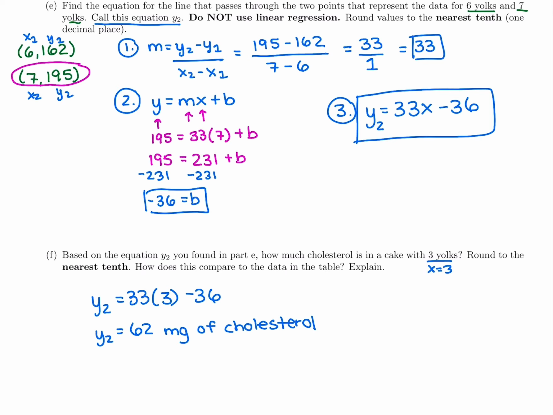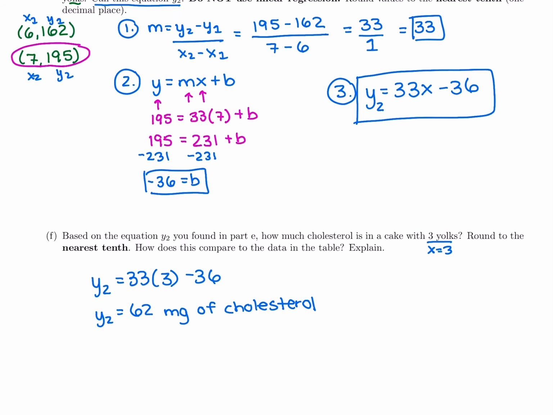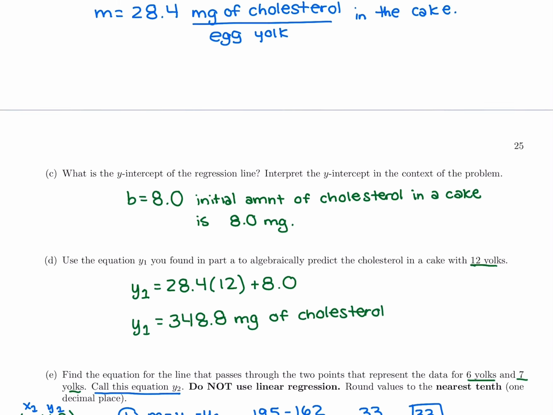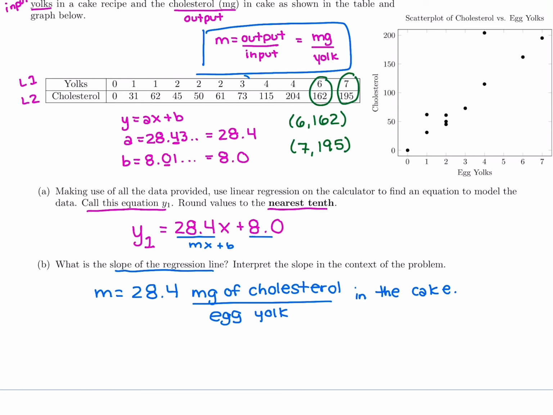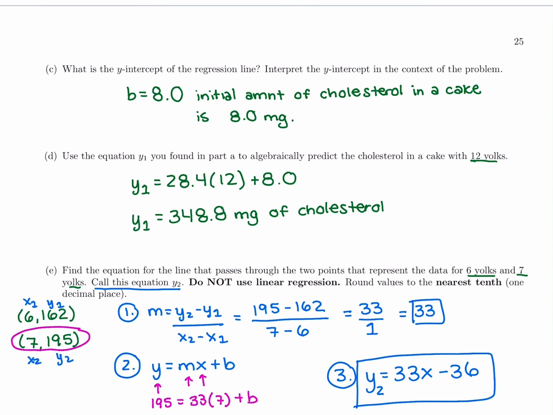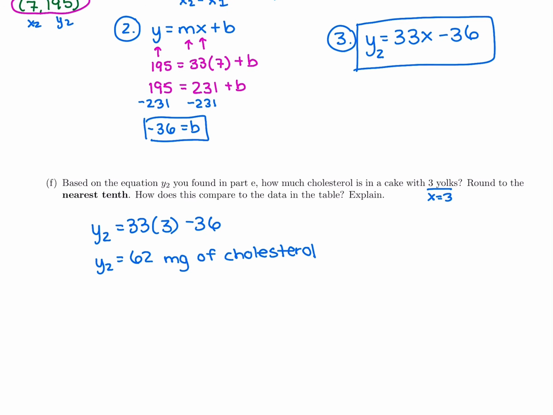And let's compare it to the data collected in the table. You just have to look above here. So according to this table, a cake with 3 egg yolks should have 73 milligrams of cholesterol. So we have 3, 73.